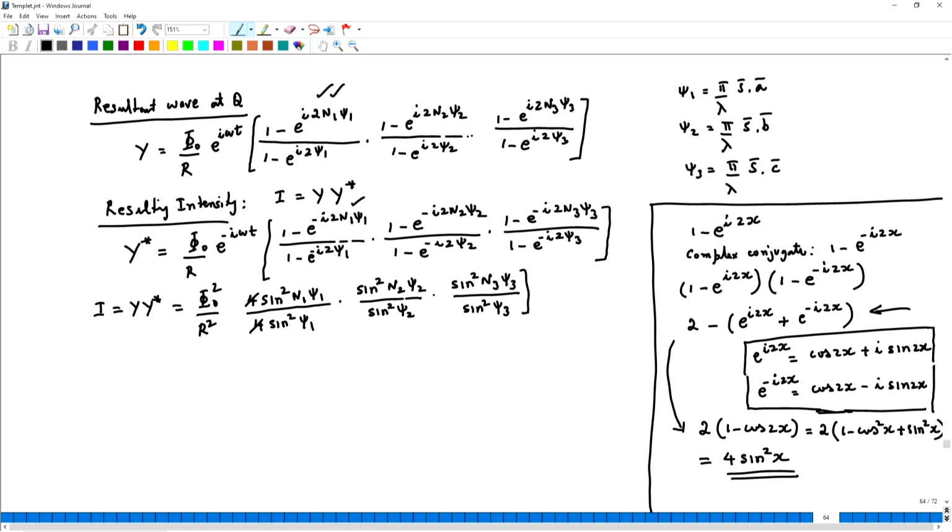So, we want to investigate these individual functions, sine square n1 psi 1 upon sine square psi 1 and so on. So, if I look at each of these functions separately, let us try to figure out where I can get maxima in this. This is pretty straightforward, but let me just go through a few steps. So, what happens when, let us say, investigating the first term?